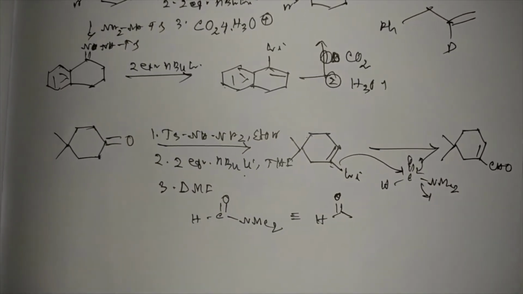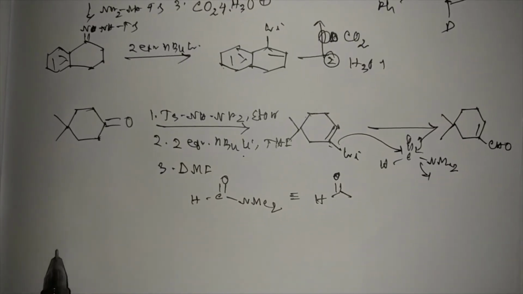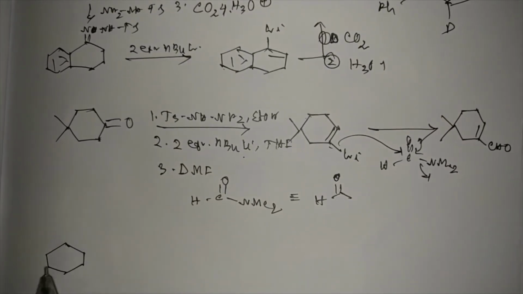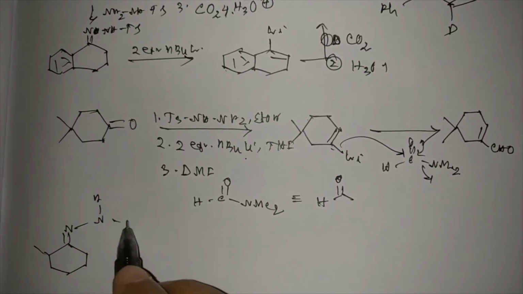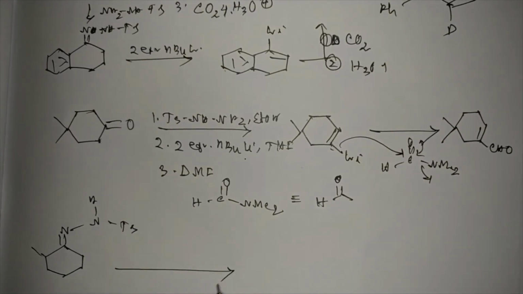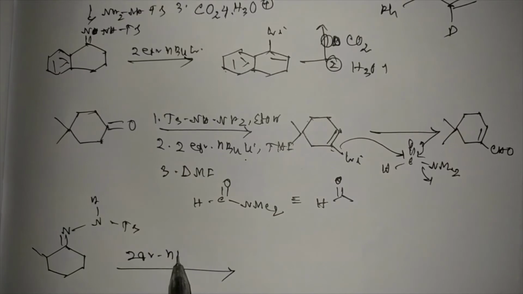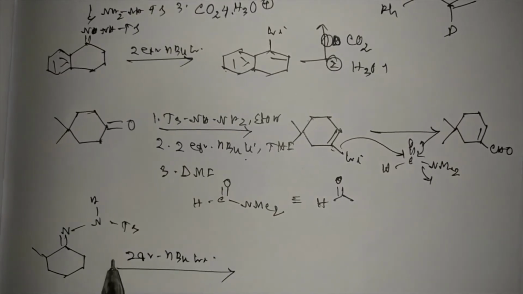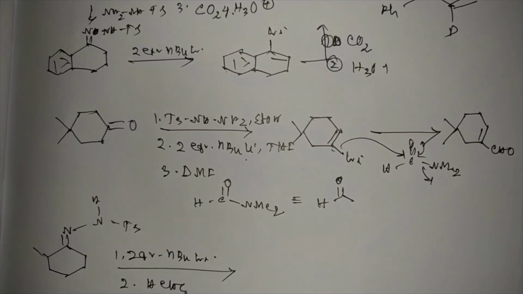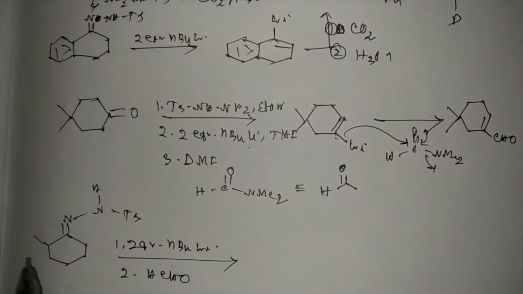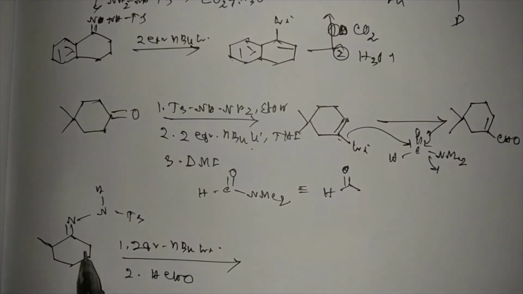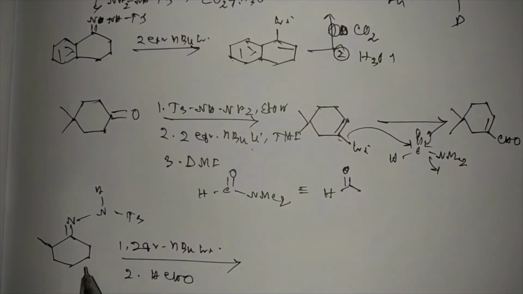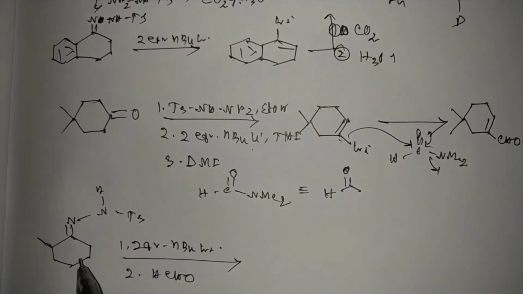Now we'll take another example. This tosyl hydrazone is treated with 2 equivalents of n-butyl lithium, and then HCHO. So here the electrophile is HCHO, and there are two possibilities: proton abstraction from this side as well as this side. But as we know that the Shapiro reaction will form the less substituted alkene, preferentially this proton will be abstracted and the double bond will be formed here.